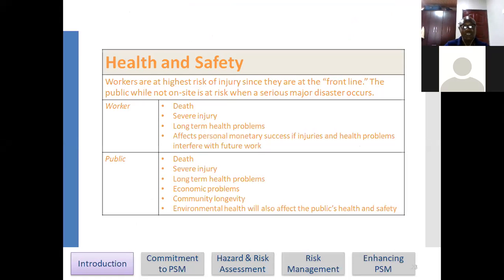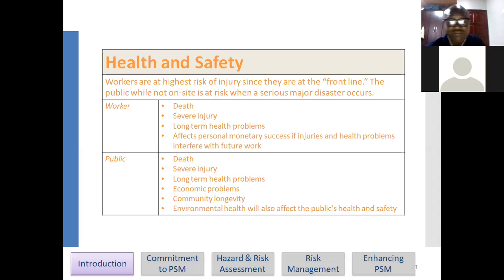Health and safety in terms that the workers' health can be affected, and the general public health can also be affected. So for the workers, it can lead to death, it can lead to injury, it can cause long-term health problems. It can also lead to personal monetary losses as a result of injury or health problems associated with future work.